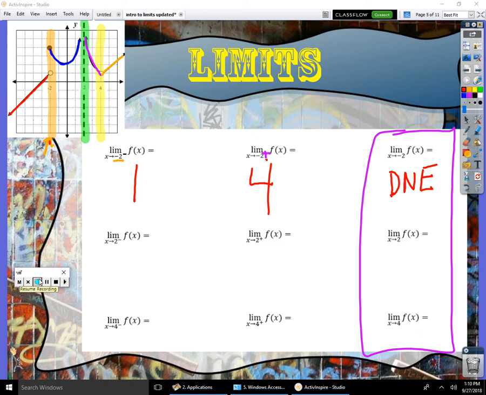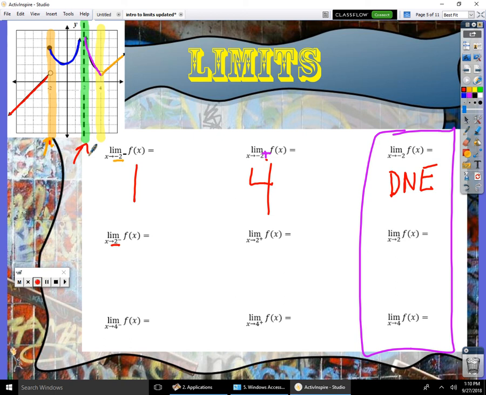Okay, before I go over the answers, I'd like to re-summarize. When you're coming up for the limit, you want to know where the left or the right side of the picture touches the fence, not where it's drifting off to. So I don't care about the other end. I only care where the graph touches the fence, okay? In this case, my fence is at 2, so I'm looking at the green fence.